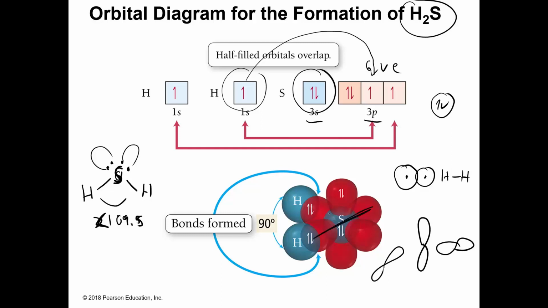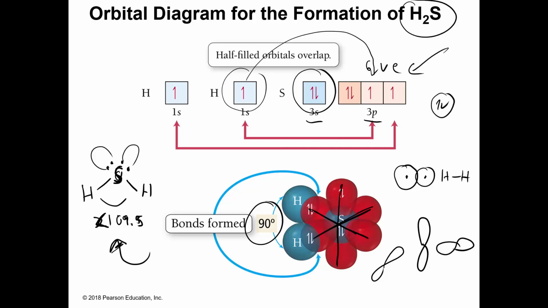So we have an x, y, z coordinate system. This is where the p orbitals are, and they happen to be at a 90-degree angle. But we know that's just not true. And so we need to do something better than draw a Lewis structure and look at these orbital diagrams the way they are, right?